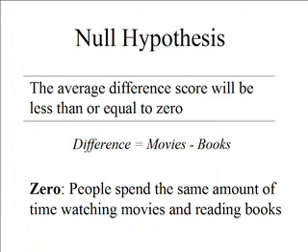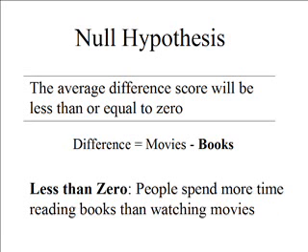Okay, so let's come back to the null hypothesis and the research hypothesis. Null hypothesis says that the average of all those difference scores is going to be, in this particular case, less than or equal to 0. It will be 0 if, on average, people spend the same amount of time reading books as they do watching movies. It's going to be less than 0 if people are spending a lot more time reading books than they are watching movies.